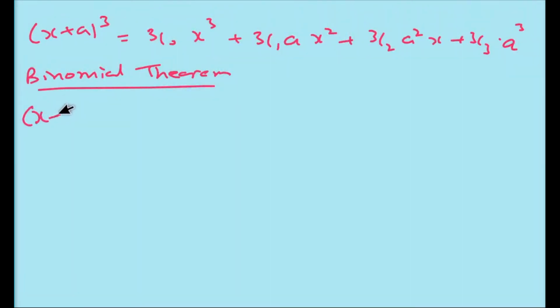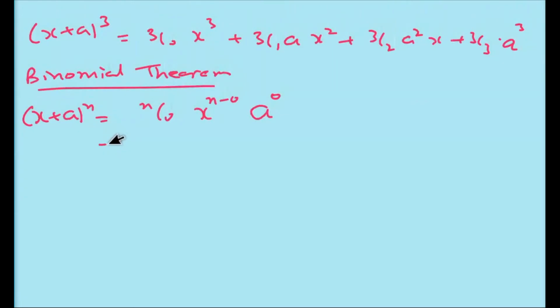For the power of n, we can write the first term this way: nc0, x to the power n minus 0, and a to the power 0. Now you can see here for 3, nc0 means 3c0, this is the first term, and x to the power 3 minus 0, you can see 3 here, and a to the power 0 means 1.